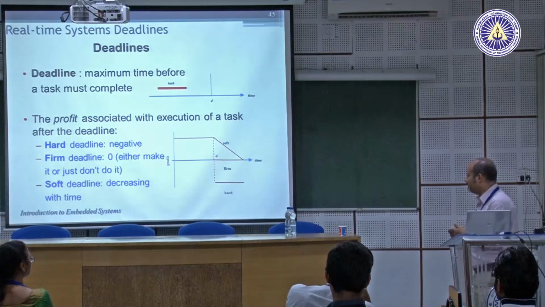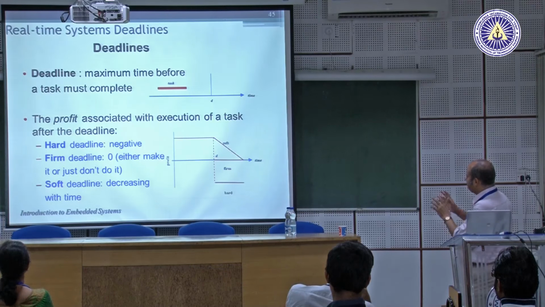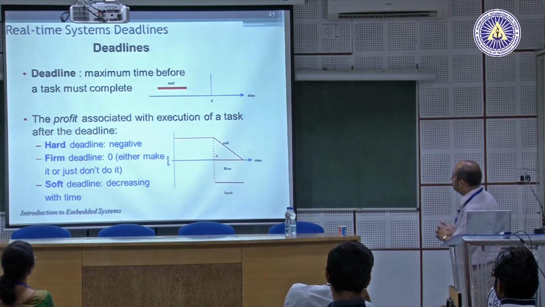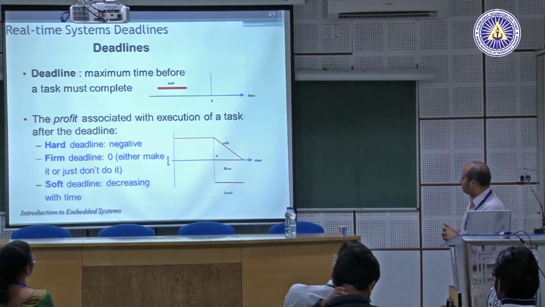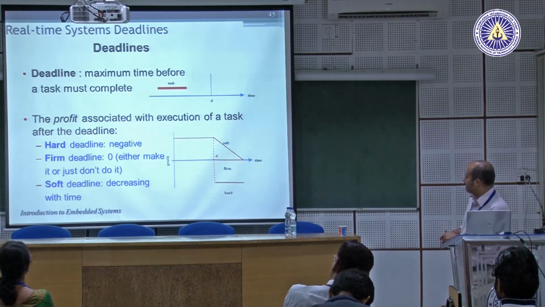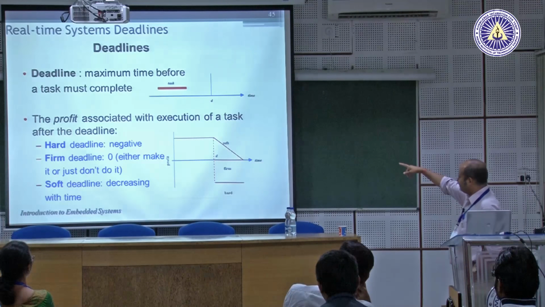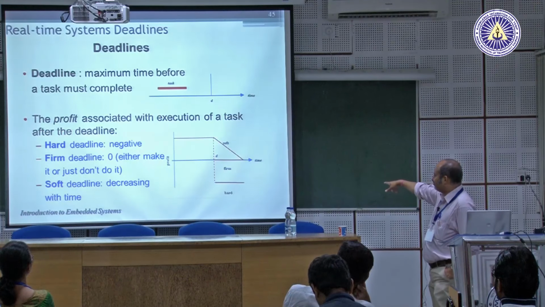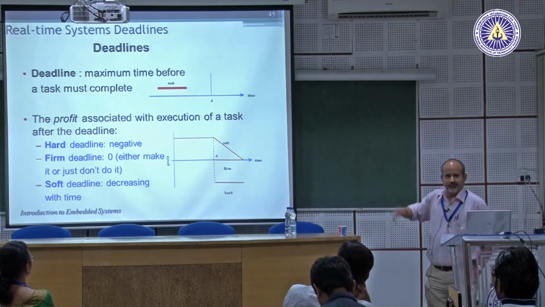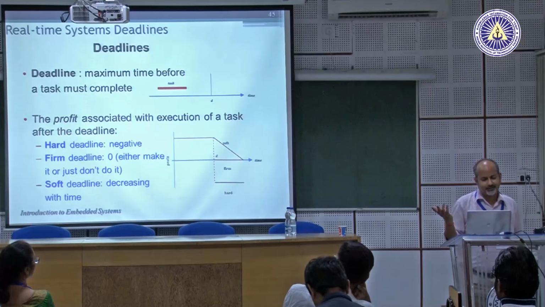And so here is just a simple picture that shows what is soft, hard, and firm deadline. In hard deadline, if you miss the deadline, at this point your profit or utility is negative, because you probably harm the system.